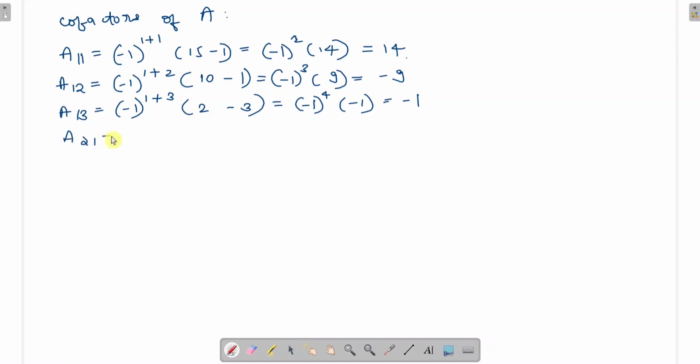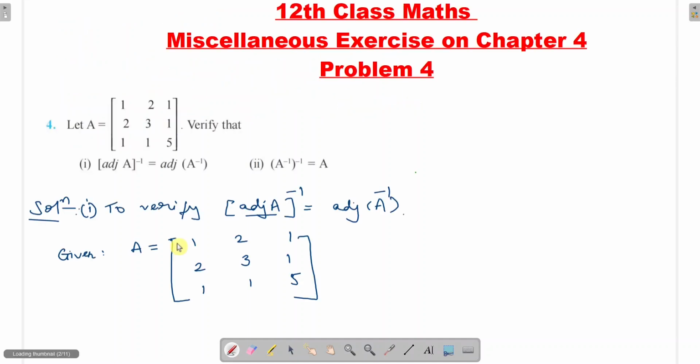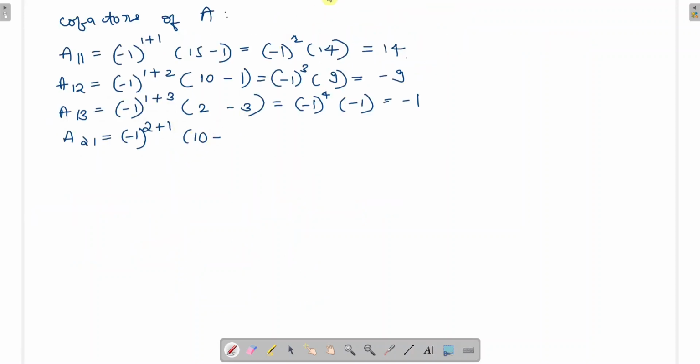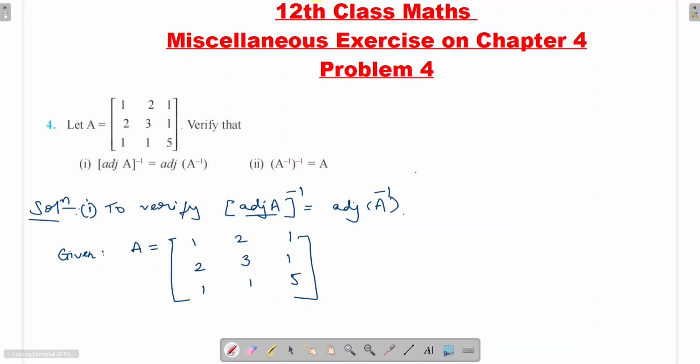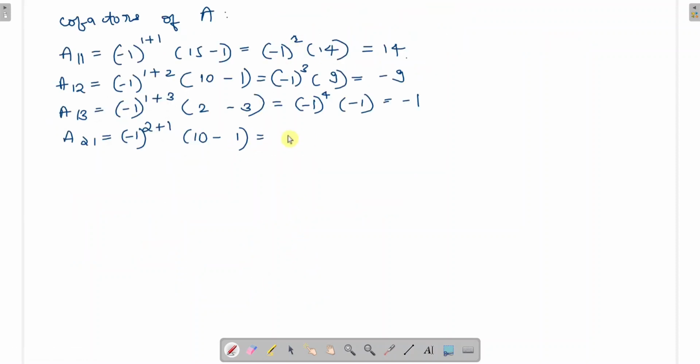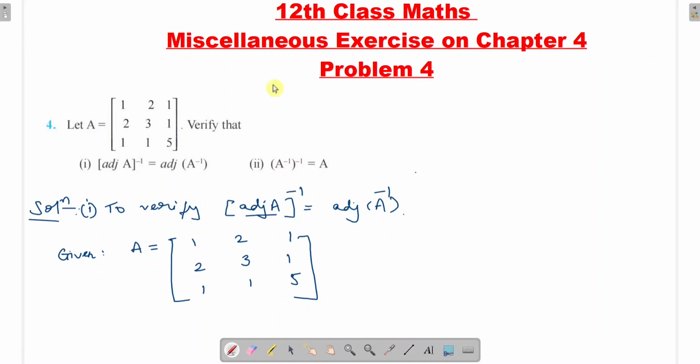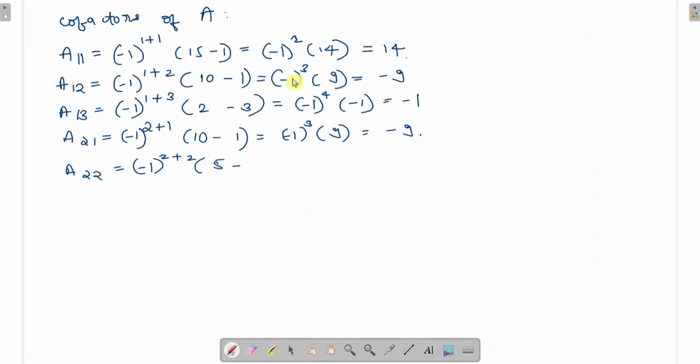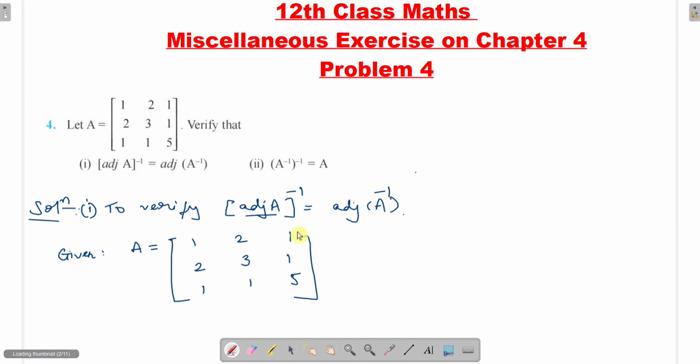Then A21 is minus 1 raised to 2 plus 1. So 5 times 2 is 10 minus 1 times 1 is 1. So this will be equal to minus 1 raised to 3 times 9, which is nothing but minus 9. Then A22 is minus 1 raised to 2 plus 2, and so 5 times 1 is 5 minus 1 times 1 is 1.